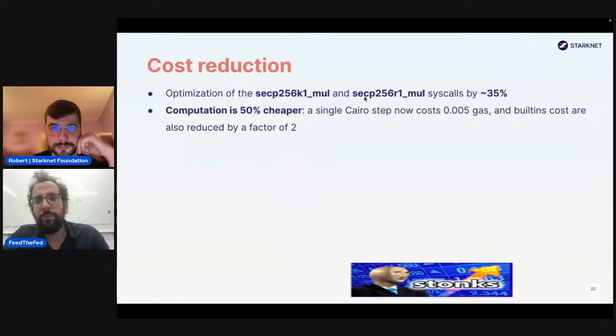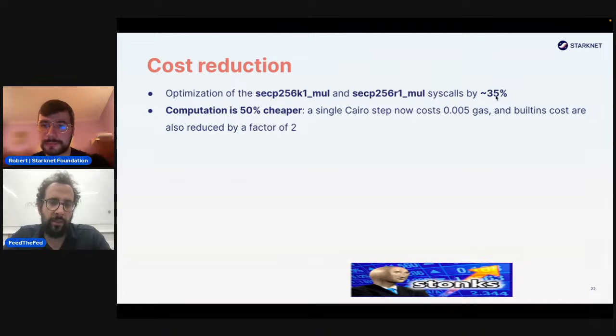You're using SecP R1 ECDSA. So this is a cost you pay in every single transaction to verify the signature. And this 35% reduction will obviously be very, very meaningful for such accounts. Obviously, alongside the general improvement for computation. So definitely stonks.